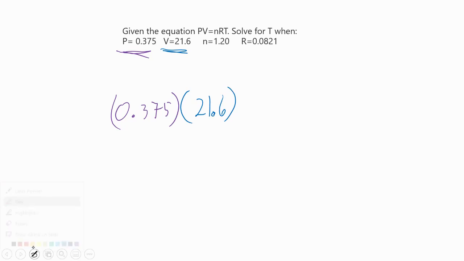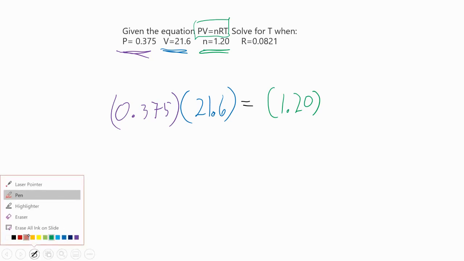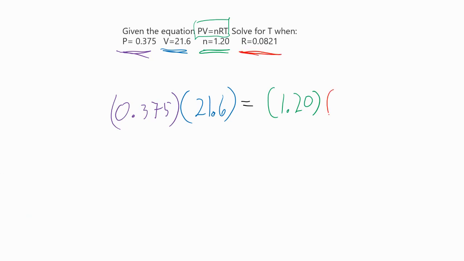That's going to equal our N, and we're going to call our N 1.2, right? So we're using this equation here. So we have our P and our V. We have our N. Our R is given as 0.0821. And then we're looking for that T.